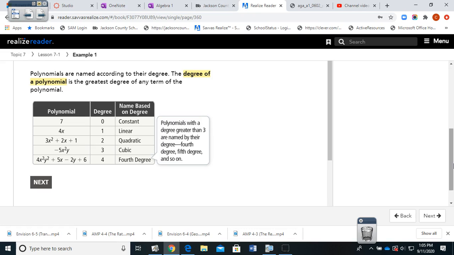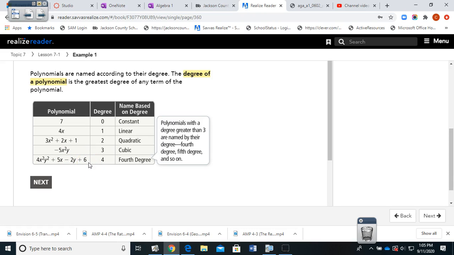Okay? -5x squared y. That's 2. What does the y have? A 1, which is 3. So it is a cubic. Okay? And then last but not least, 4x squared y squared plus 5x minus 2y plus 6. 2 and 2 make 4. 5x just has 1. 2y just has 1. 6 has 0.